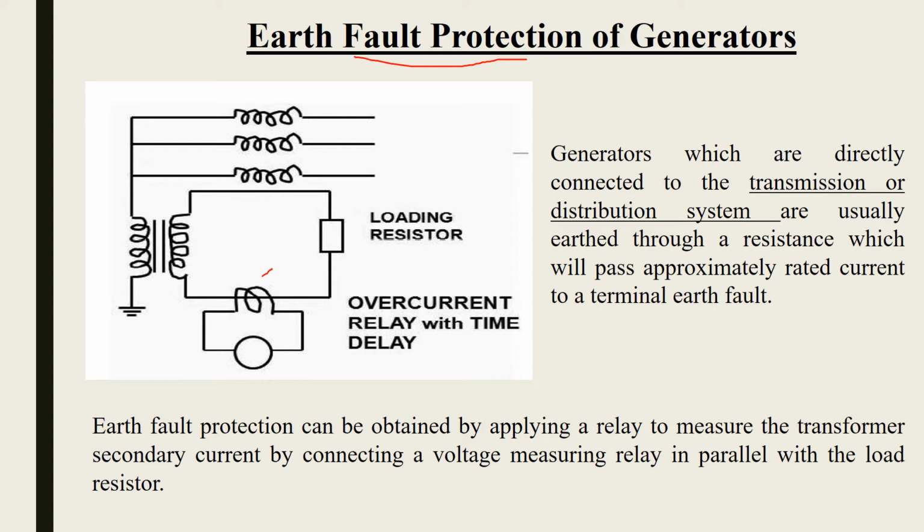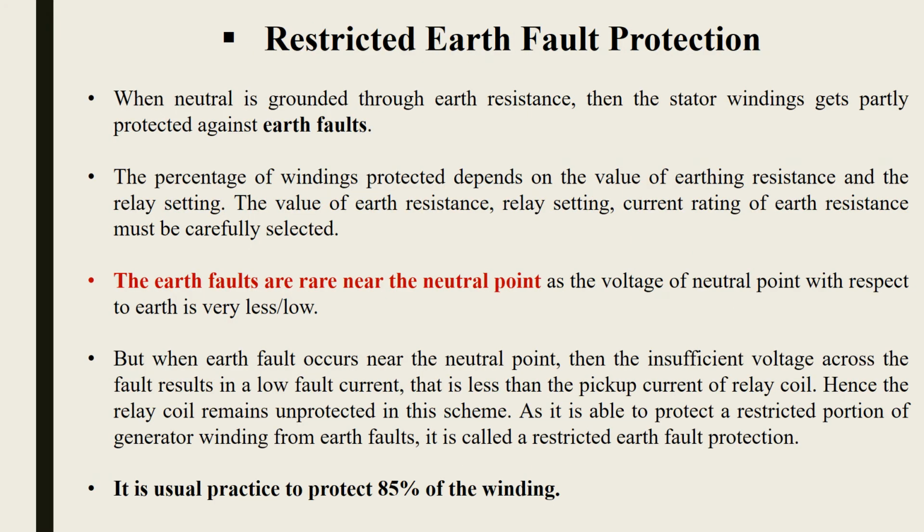We have applied a relay to measure the transformer secondary current by connecting a voltage measuring relay. This is the voltage measuring relay which is in parallel to your load. Earth fault protection is generally divided into two: restricted earth fault protection and unrestricted earth fault protection.